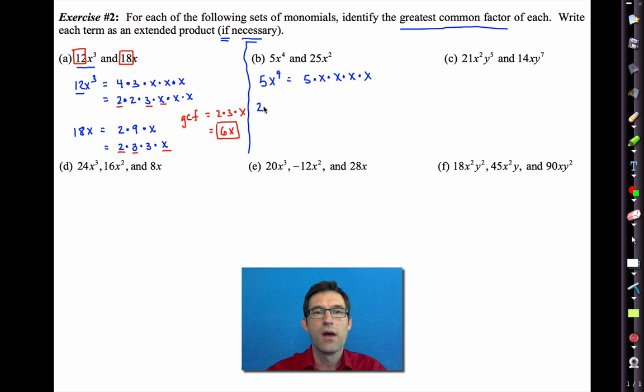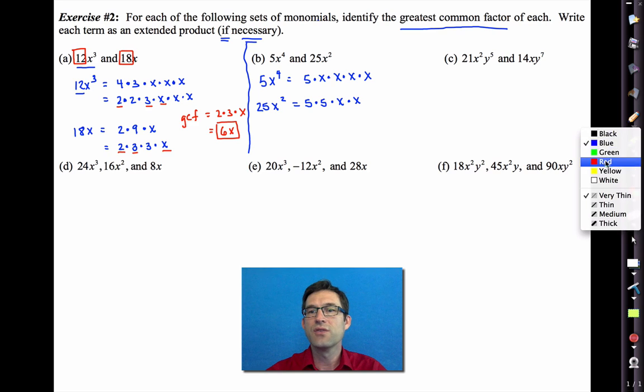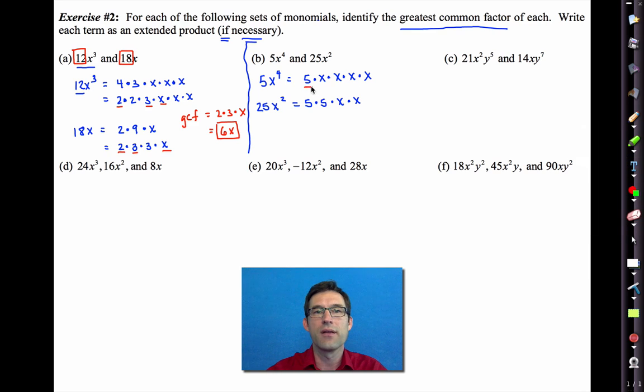On the other hand, 25x squared is going to be 5 times 5 times x times x. And again, let's use red and underline what's common. Common 5, but not two 5s. x, x, x, and x. So the GCF is going to be that common 5 and then 2 x's.